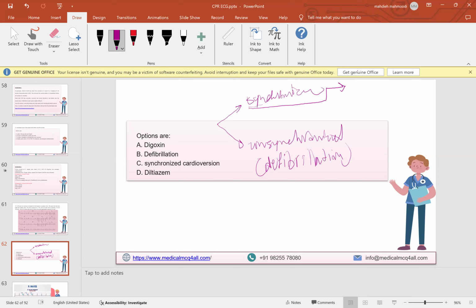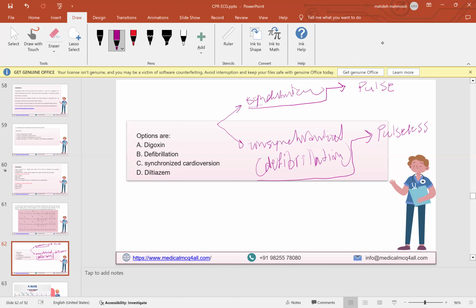Synchronized is always for the patient with a pulse. Unsynchronized is always for pulseless patients. But don't make a mistake.